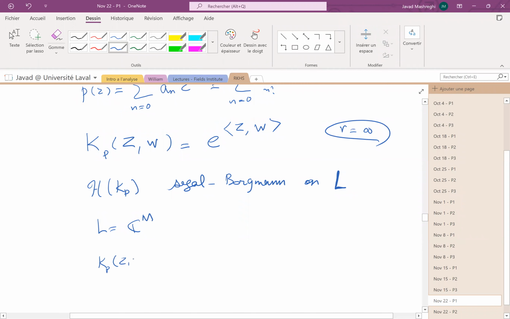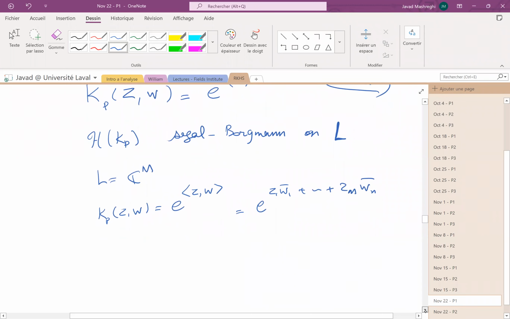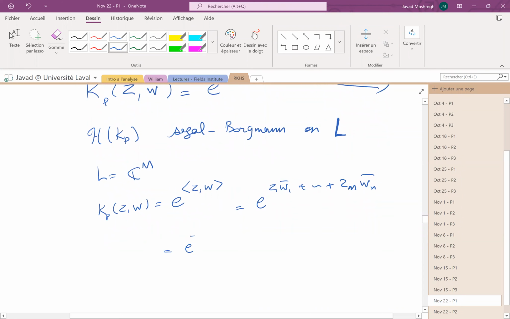K_P of Z and W in this case, e to the Z_1 W_1 bar up to Z_m W_m bar, we can write as the product of e^{Z_1 W_1 bar}, e^{Z_2 W_2 bar}, up to e^{Z_m W_m bar}.